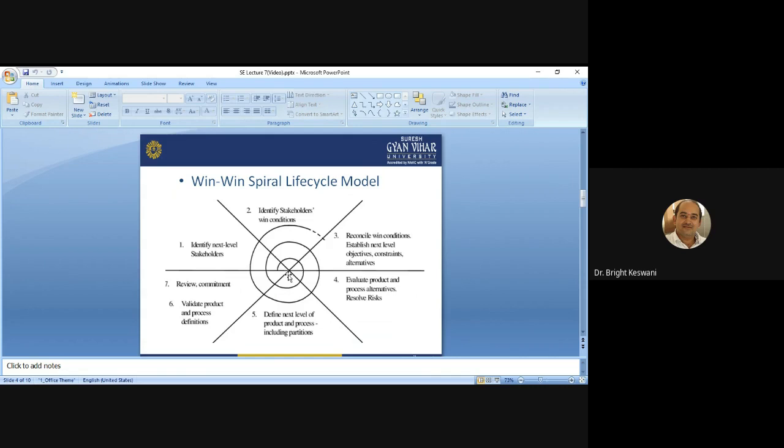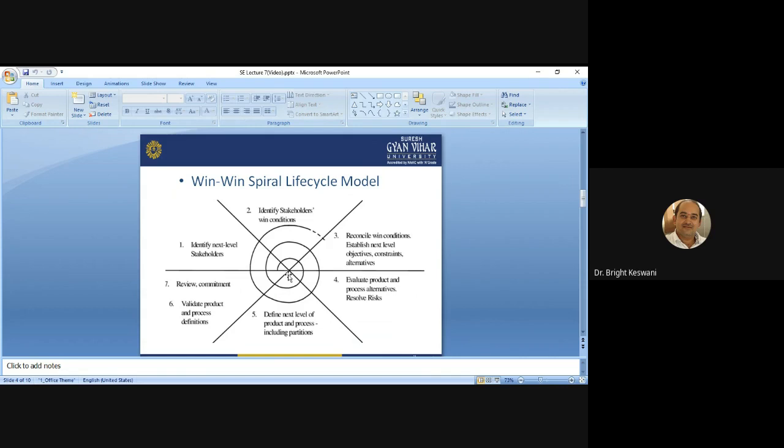So the resulting process uses the Theory W win-win approach to converge on a system's next level objectives, constraints and alternatives. How does it work? It uses two major steps to accomplish this.